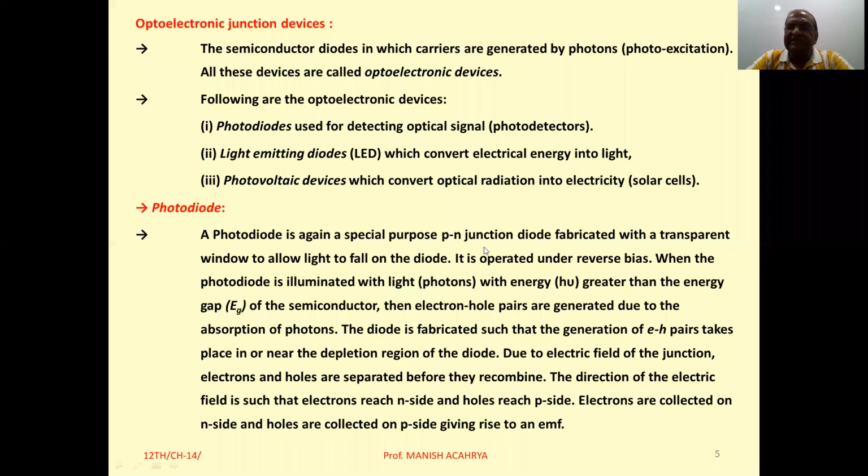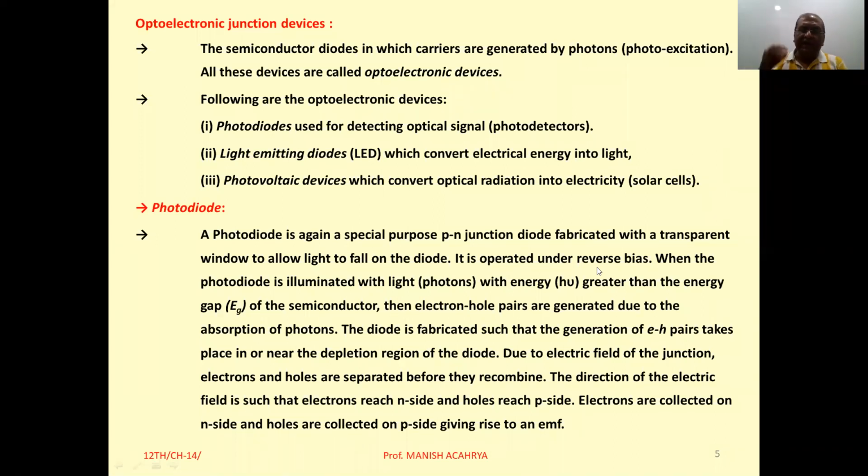A photodiode is a special purpose PN junction diode fabricated with a transparent window which allows light to fall on the diode, right? And a photodiode is always operated under reverse bias mode.